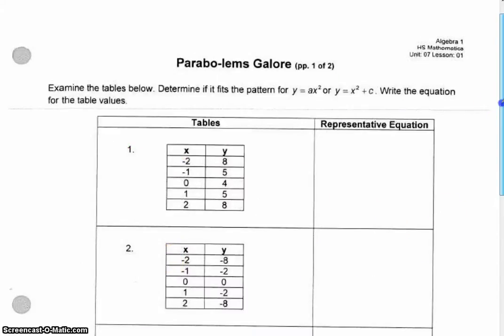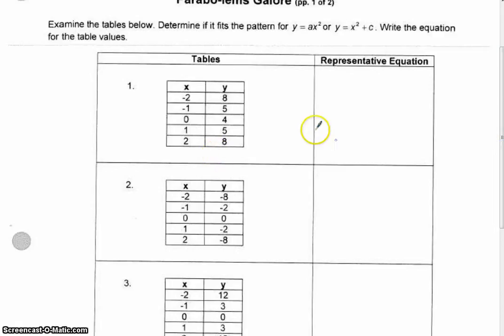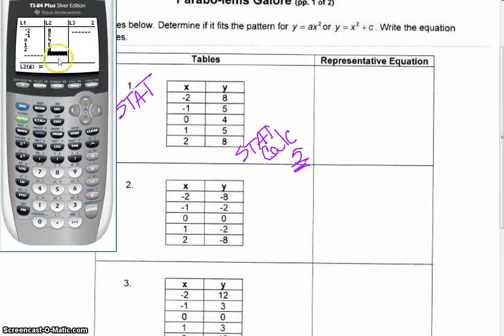Parabolas galore. They've given you a table and they want an equation. You're going to put your numbers into stat. You're going to go stat, calc. This time you're going to do 5. It's not stat calc 4, it's stat calc 5 because they are quadratic. So I went to stat, edit, and I put the points from this table in my calculator.